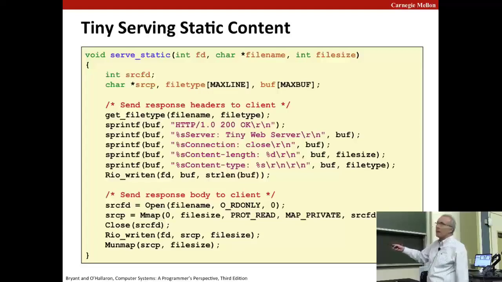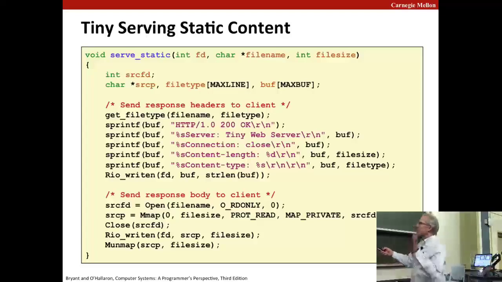But the ones that really matter are the length in bytes that has to be given, and the type. Where's he getting the file type? Oh, there's another function. I remember why. There's another helper function here because this supports not just text but also GIF and JPEG images.